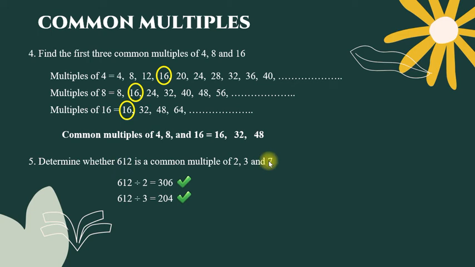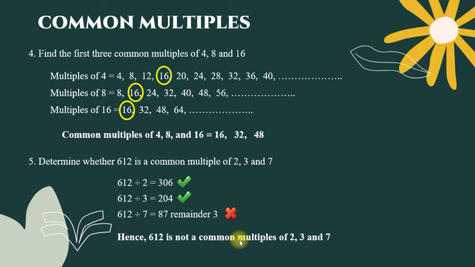Can 612 be divided by 7? No, because we got a remainder here. So if one cannot divide completely, it means that 612 is not a common multiple of 2, 3 and 7. Even if only one cannot divide completely, this number 612 is not a common multiple of 2, 3 and 7.